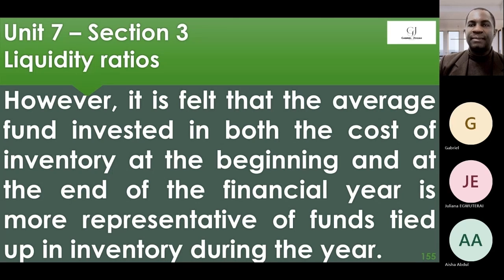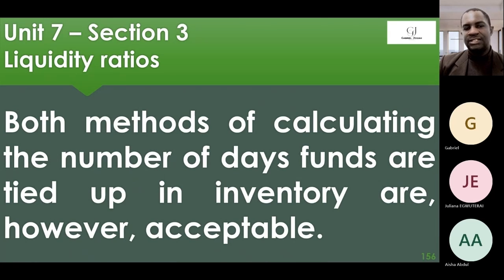You may not be penalized, but the best way is to calculate the average fund invested, from the beginning and the ending, to have the average. You may not have the actual, but you have the average to see the amount of funds tied up during the year. So both methods of calculating the number of days funds are tied up in inventory are acceptable. If you use the end of the year, it's still fine, but best, please use the average. The average is a clearer picture of the amount.